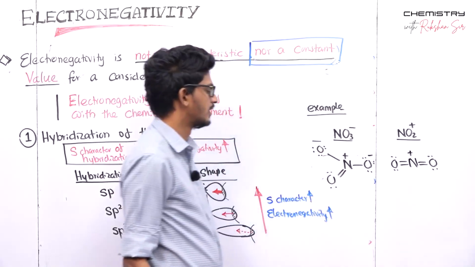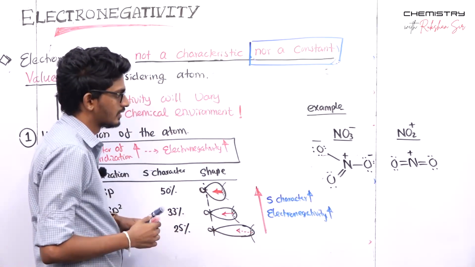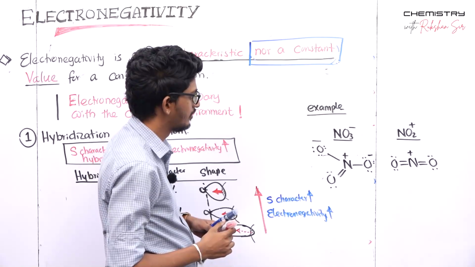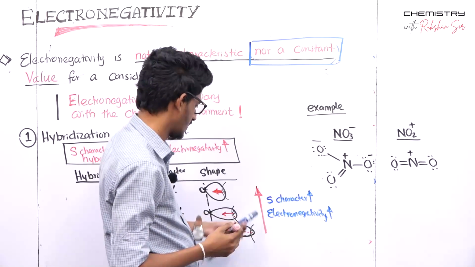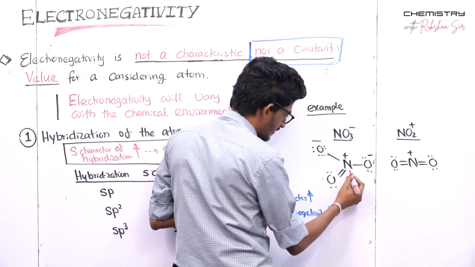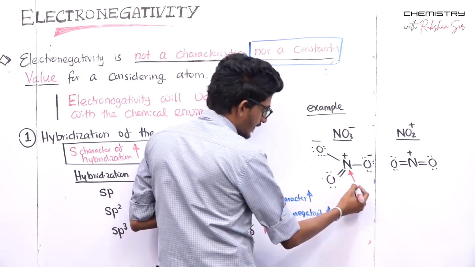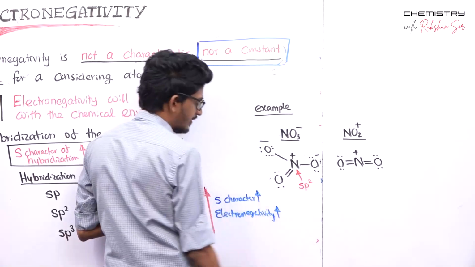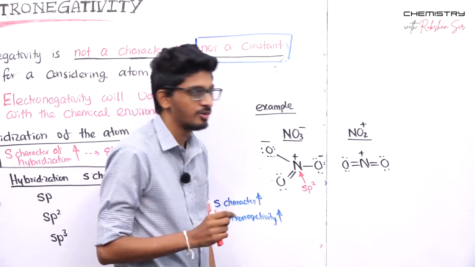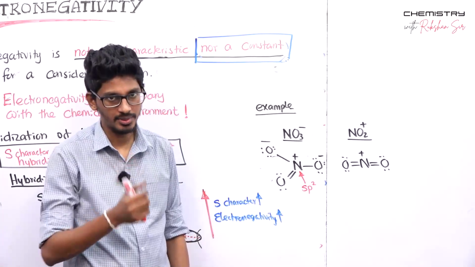Structure is this. Let's discuss the electronegativity of nitrogen, which is the greater value and which is the smaller value. Here, the hybridization is sp2. Why is that? By counting the sigma bonds and lone pairs, you can come up with the hybridization.